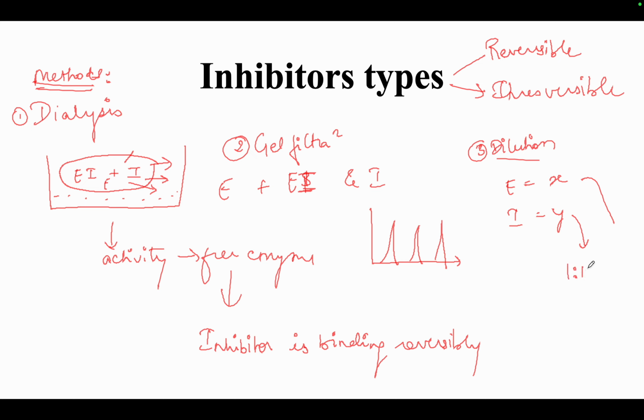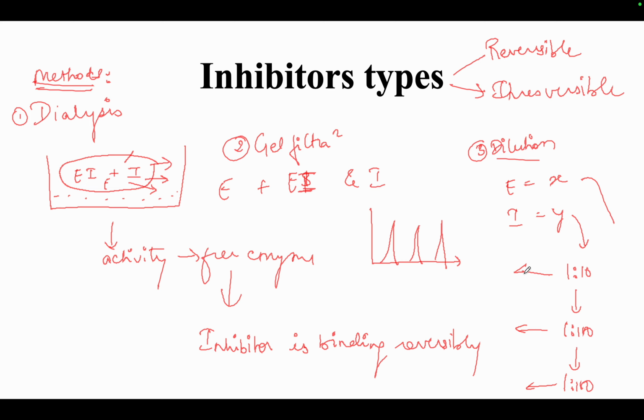Like we can do a serial dilution, where we can do 1:10, 1:100, and 1:1000, and so on. From this dilution we can check the activity at different dilutions, and this will tell us whether the binding is reversible or irreversible.